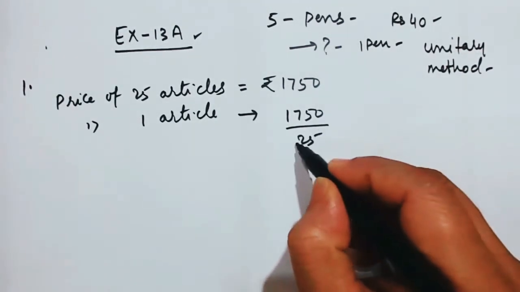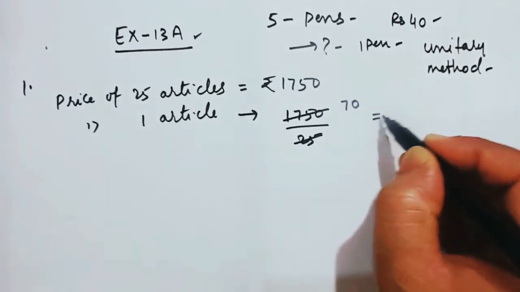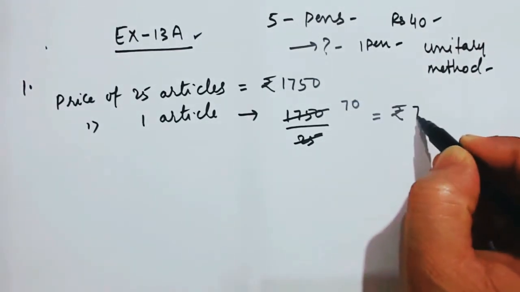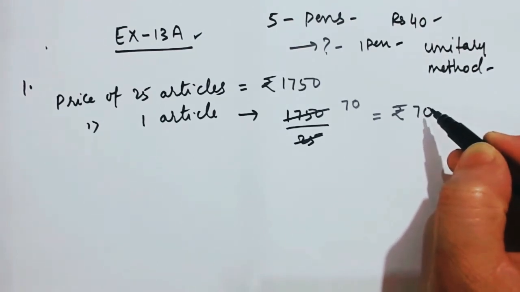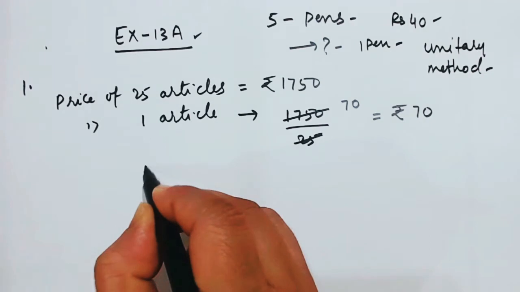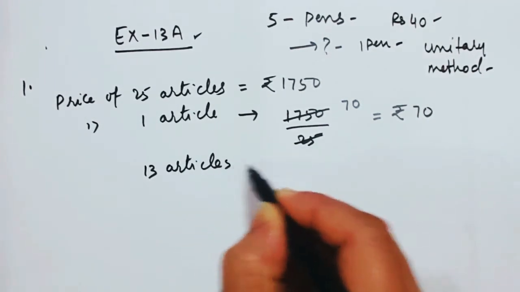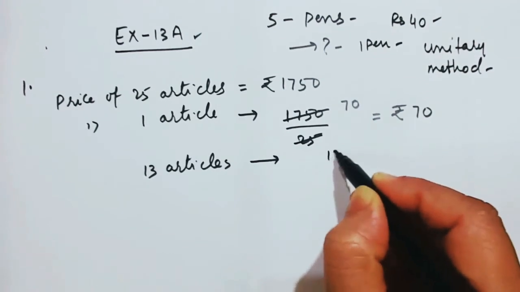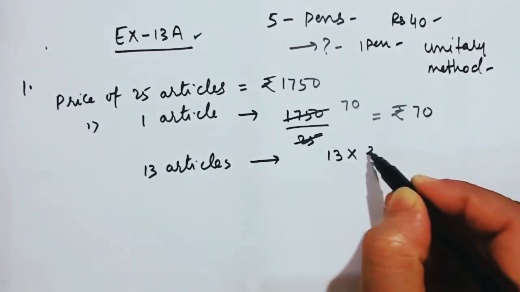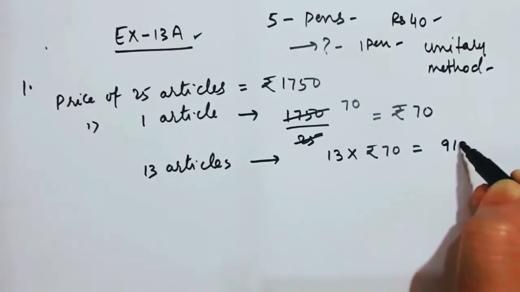When you divide by 25, you will get the price of one article. Now they are asking you to find the price of 13 articles. So the price of 13 articles will be 13 times the price of one article, isn't it?